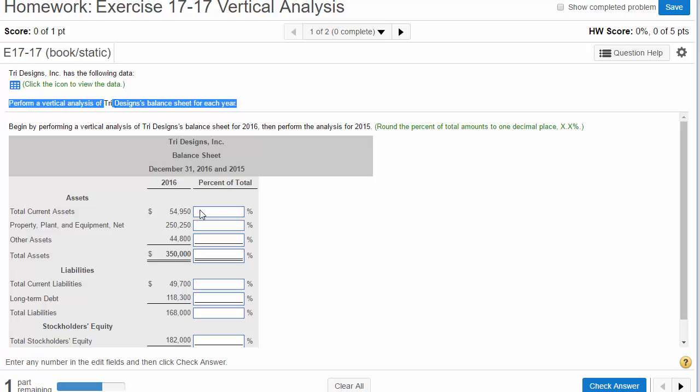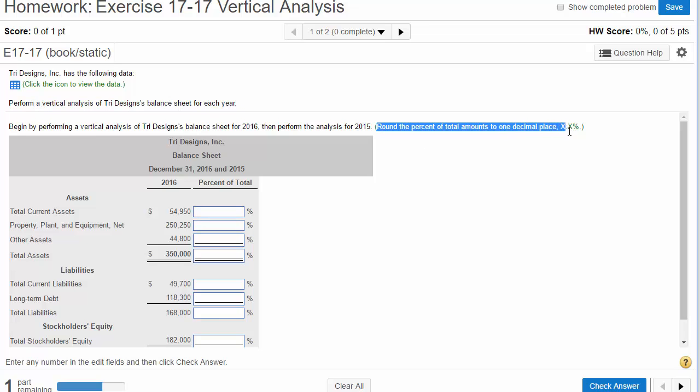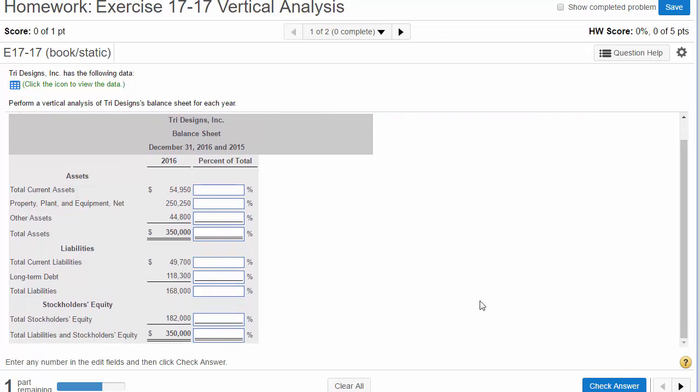We're first going to start off with 2016 and round the percent of total amounts to one decimal place. Remember, when we're doing vertical analysis for a balance sheet, we're comparing everything to total assets. So the total asset number is going to be 100% because we're comparing it to itself.